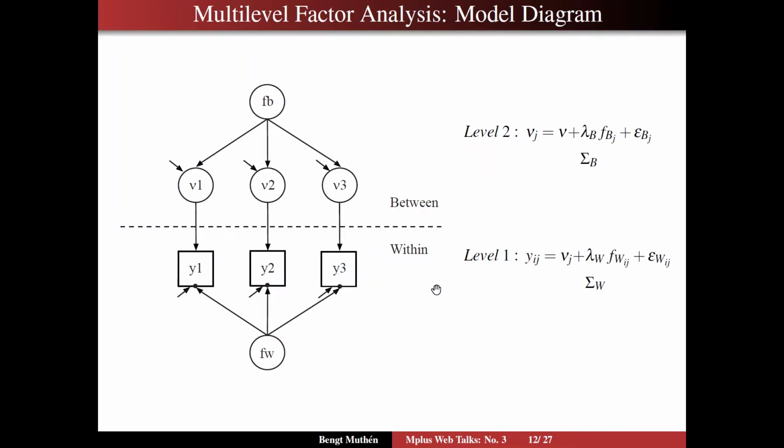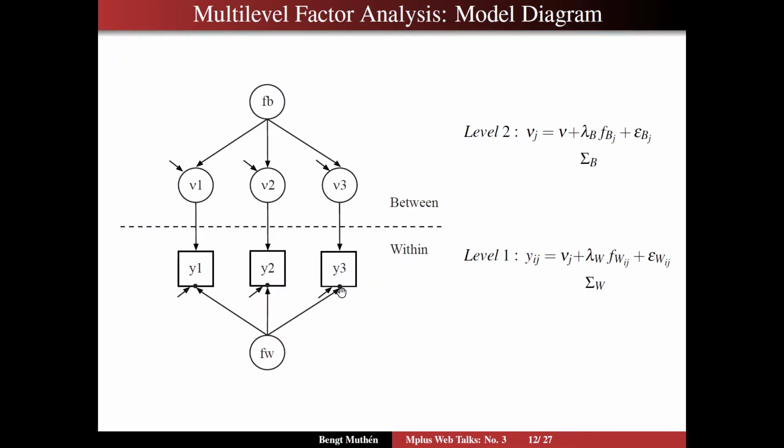So we have here on the within level, that's level 1, y expressed as this right-hand side. We have the observed y's, and the random intercept is marked by a filled circle here, the intercept in the measurement equation. And then the lambda w's are loadings on these paths. And we have fw here, and the short arrows correspond to epsilon within.